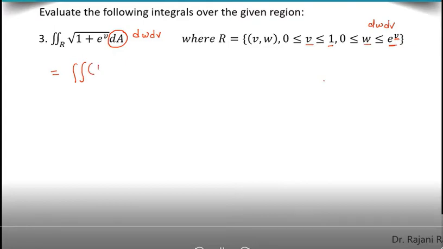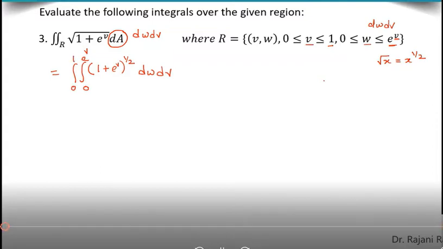We can write square root as 1 plus e power v and its power half. I hope you know that. Root of x, we can write it as x power half. So we use this thing to write it down. Order of integration dw dv. W varies from 0 to e power v and v varies from 0 to 1.